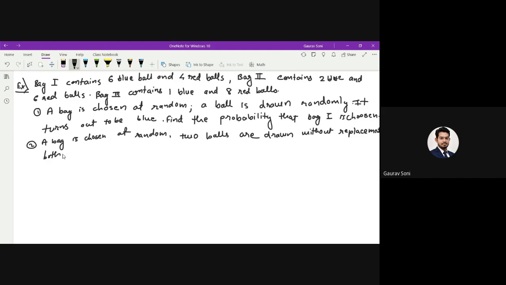Do you put the ball back in the bag or not? No, sir. Find the probability that bag 2 is chosen.